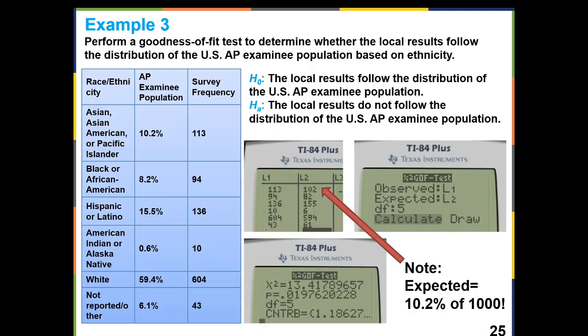So let's do that. What we're going to do is put the observed values in L1, right? You can pause the video and do it. And then in L2, we're going to put these percentages of 1,000. It's really easy to calculate because if you want to find 10.2% of 1,000, well, you know we can't work with percent. We have to convert it to decimal.